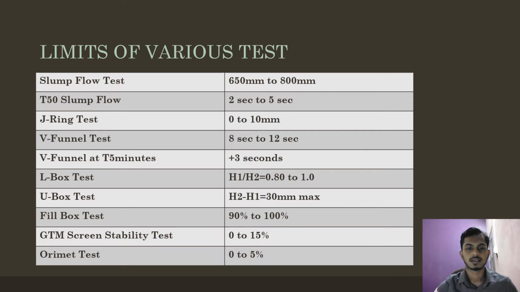L-box test: H1 over H2 is equal to 0.80 to 1.0. U-box test: H1 minus H2, max 30 mm. Fill box test: 90% to 100%. GTM screen stability test: 0 to 15%. Orimet test: 0 to 5%.